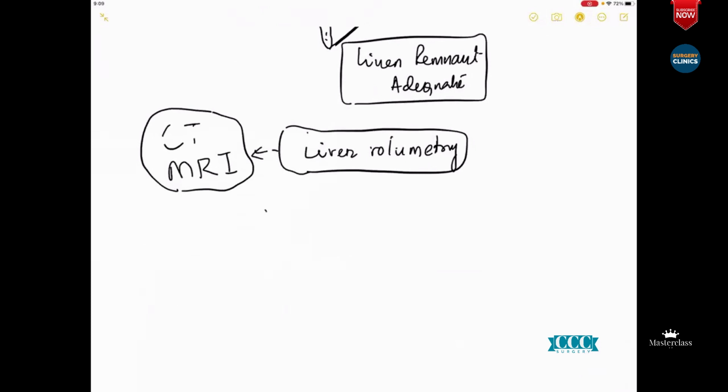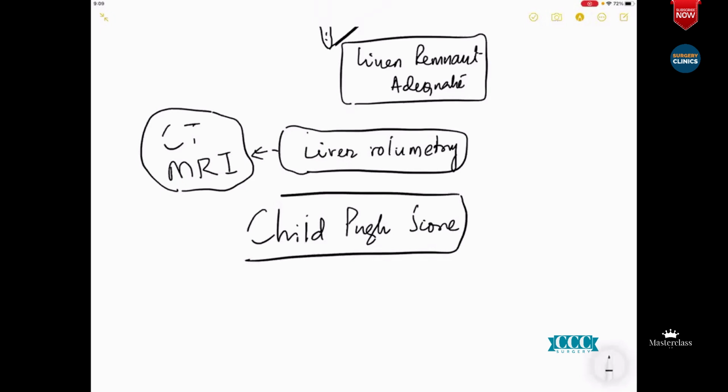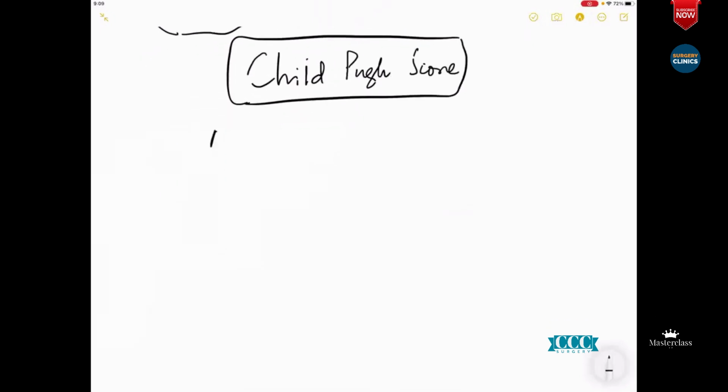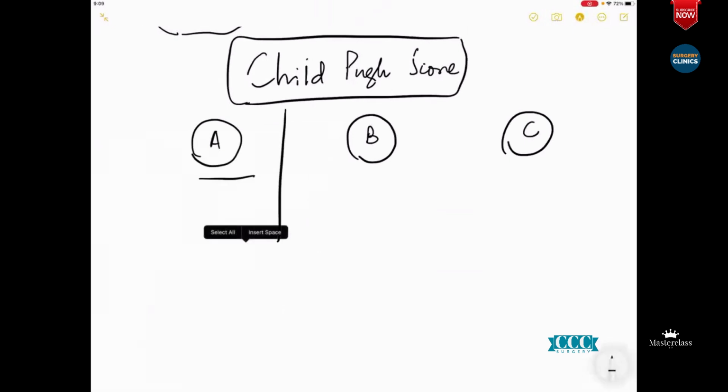The simplest of the tests that we do is something called a Child-Pugh score. This was the simple score that even I follow every day. A child A, child B, child C. Which one do you think tolerates a liver resection well? Child A tolerates a liver resection very well, three ticks.